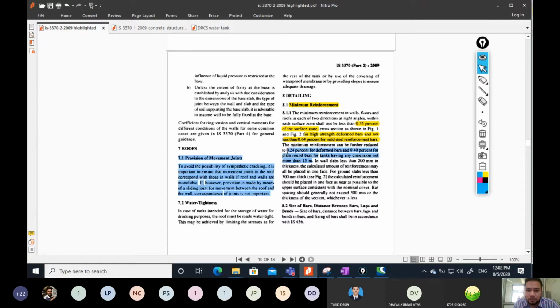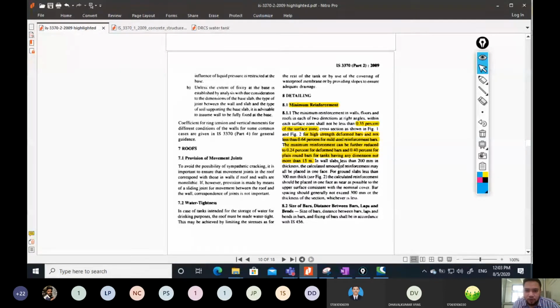So in case the dimensions of the tank are less than 15 meters, you can go for the reduced minimum steel.